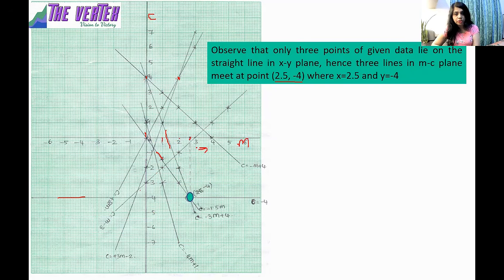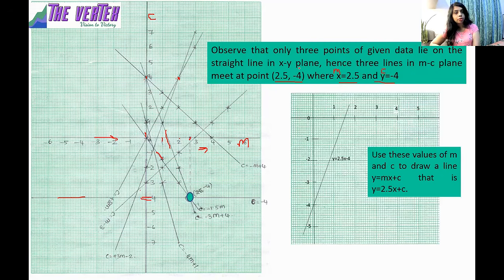So the m value is 2.5, and the c value is -4, because it is on the bottom side, below the x-axis. So it is 2.5, -4, where x equals 2.5 and y equals -4. And in MC space, x means m and y means c.